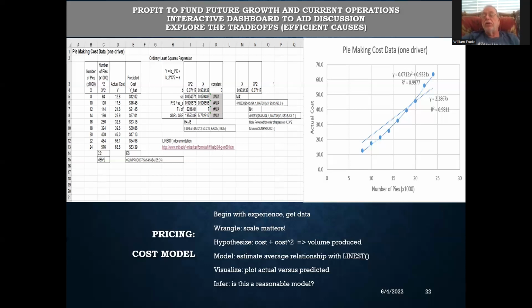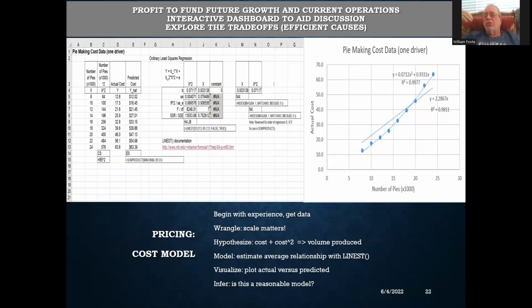Oh gosh, no intercept. And you can see R squared, which is a measure of what percent of the actual is predicted across the model. 98% versus 99%. I take the 99%. Yeah.